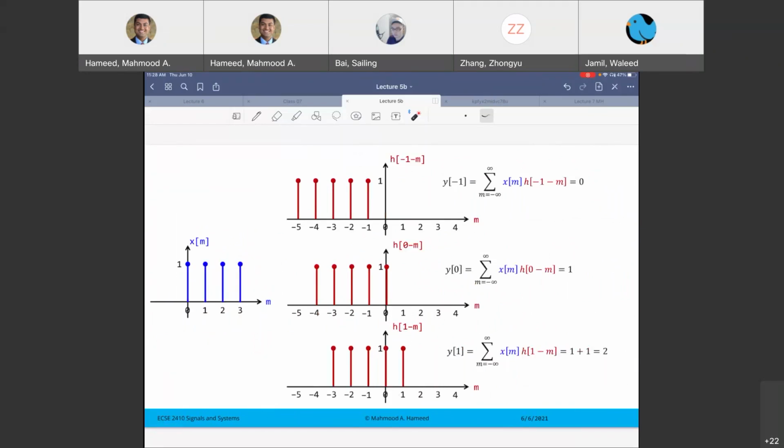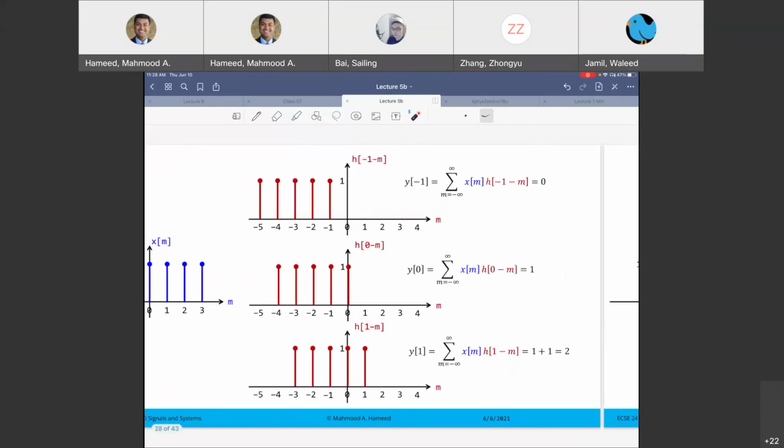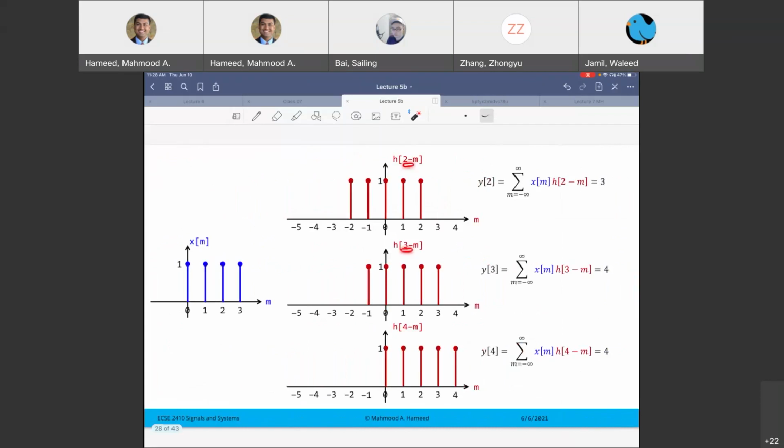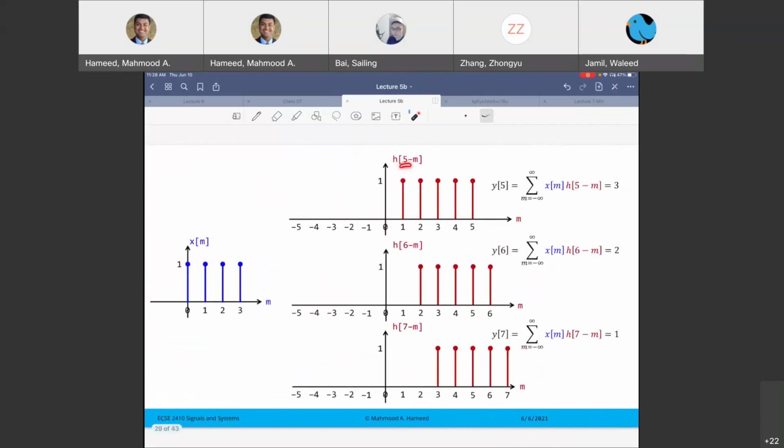Let's look at how it is moving. H is moving from left to right, and as it is moving, n is changing. -1 here, 0 here, 1 here. Oh, wait a second. Oh, 1 over here for this. Then 2, 3, 4, 5, 6, 7. It's exiting, right?